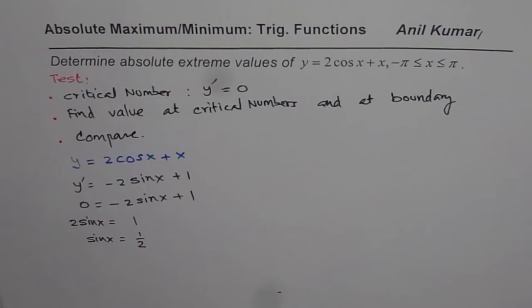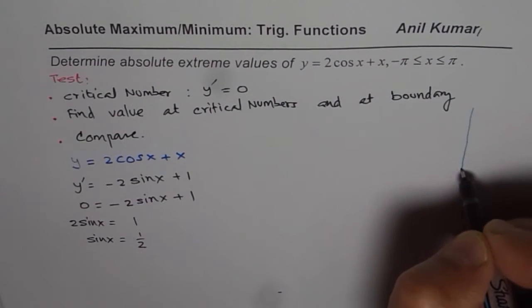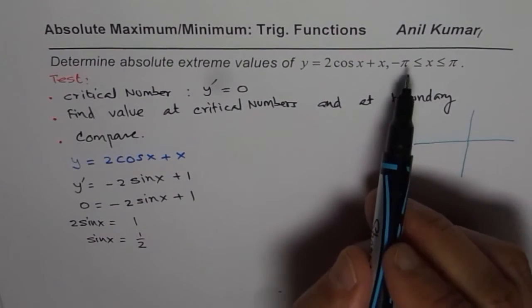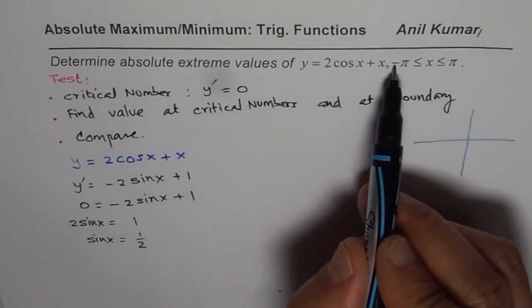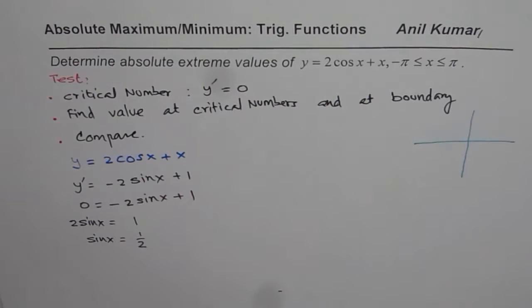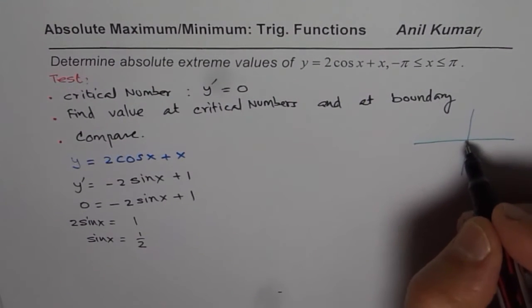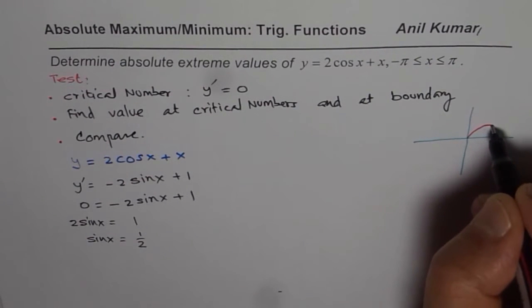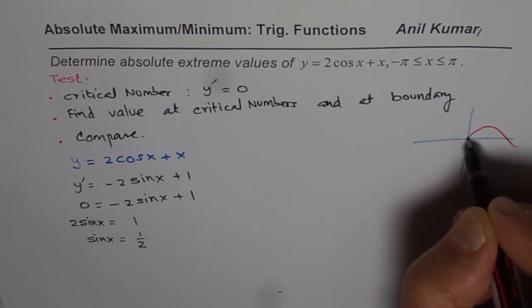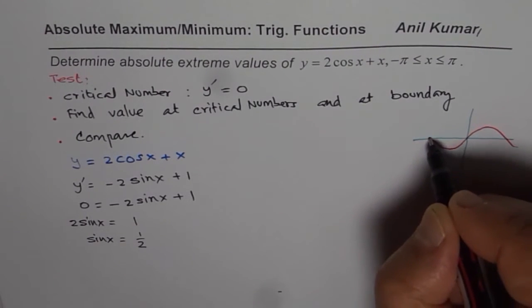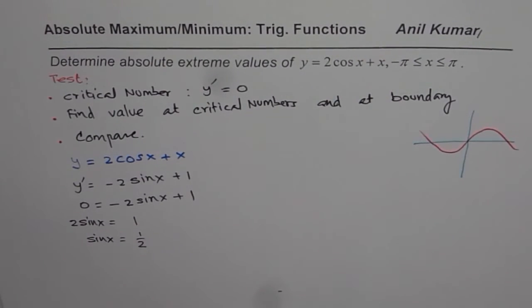Now when is sin x half? Let's analyze this first. We have a domain of minus pi to plus pi, right? So the sine function is basically like this, and let me extend it like this. So what we have here is that sin x should equal half.